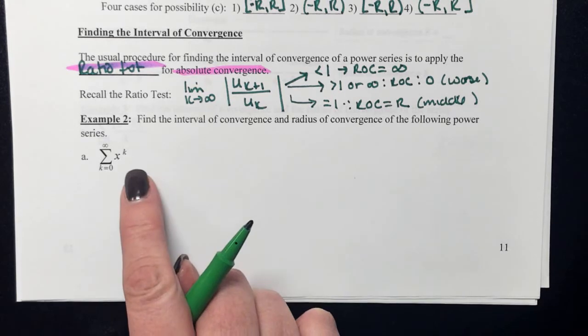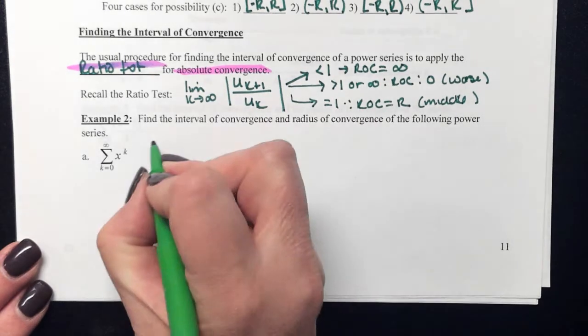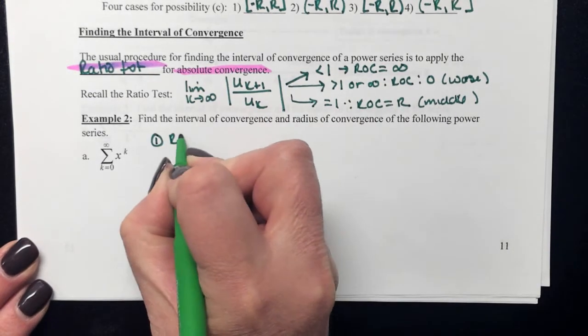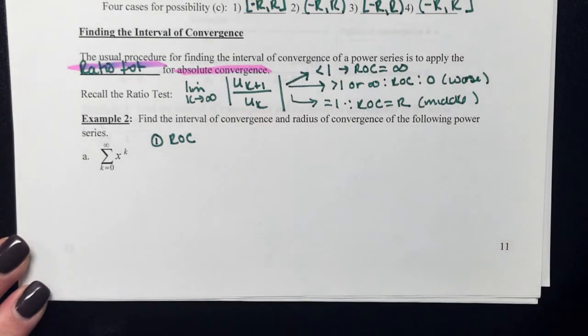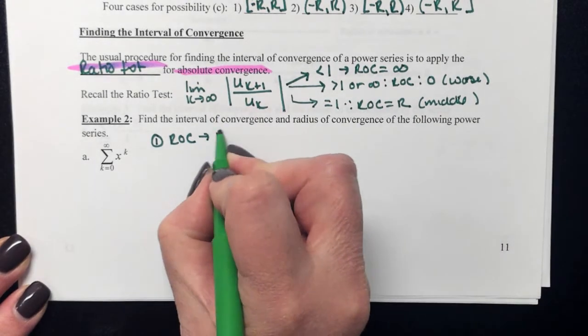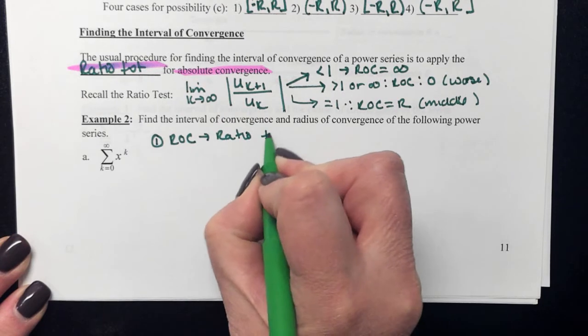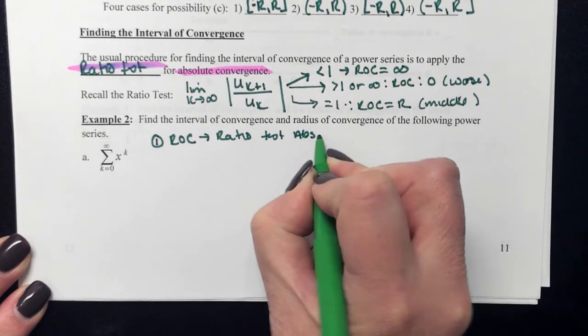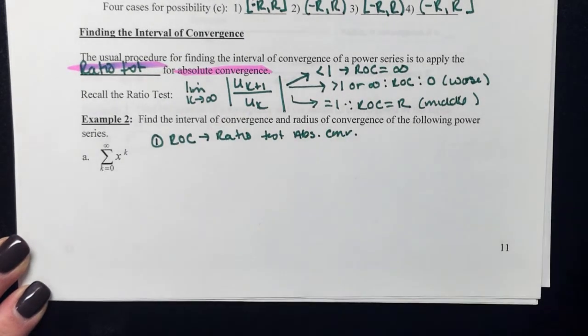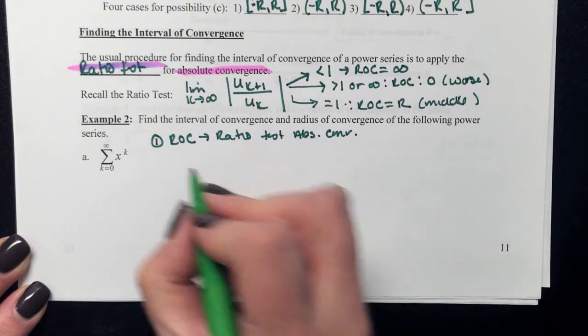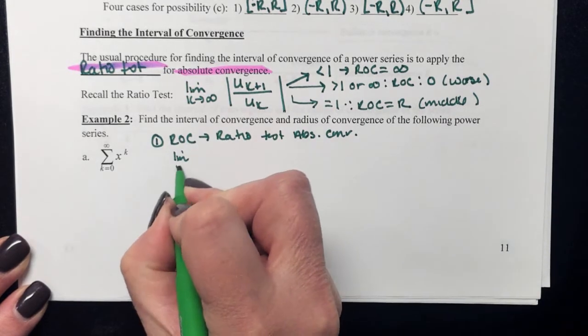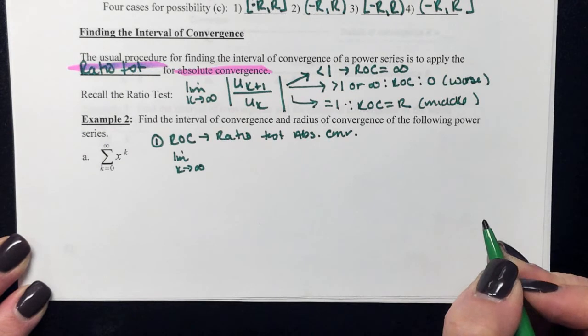So we're going to perform the ratio test. The first thing we're going to do is find the radius of convergence. And we find the radius of convergence by using the ratio test for absolute convergence. So by the ratio test I'm going to find the limit as k goes to infinity.